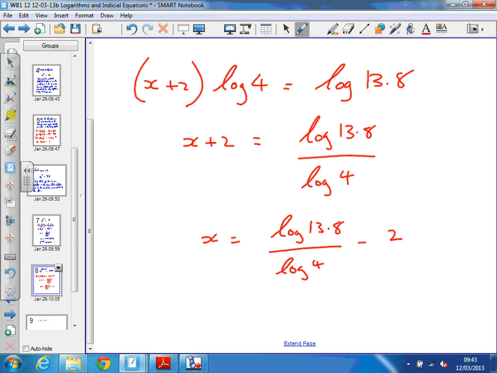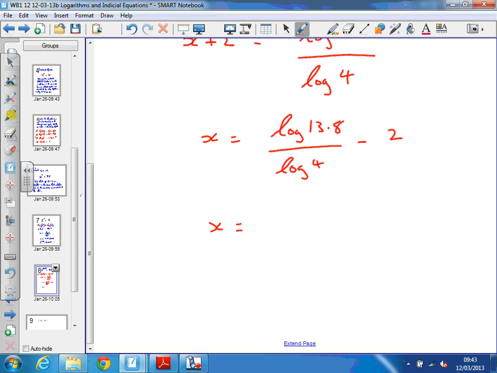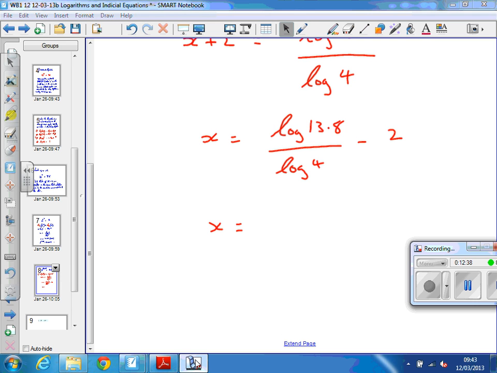And then we get the calculator out and work it out. x is negative 0.1067. We can have negative powers. Remember, negative powers mean the inverse, so that's a number smaller than 1 effectively.